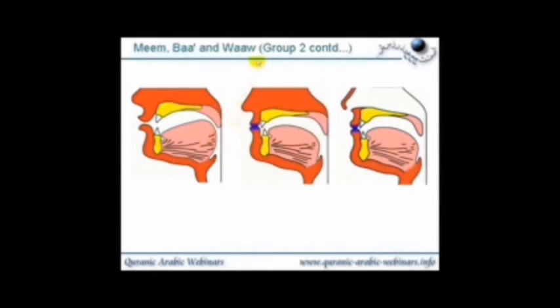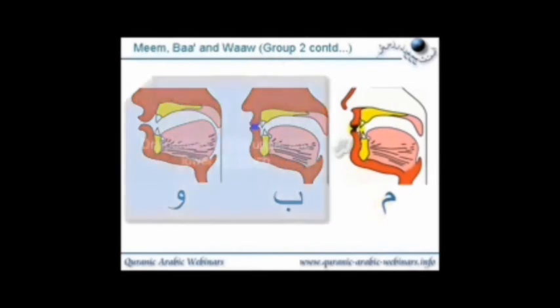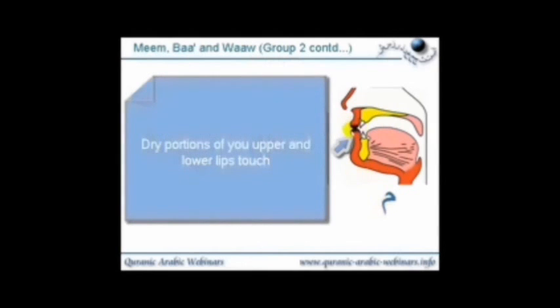The next three letters which are in group 2, so the same group as Fa, because it still has to do with the lips, are Mim, Ba and Waw. So when you say Mim, your front two lips come together. However, it's the outer dry portion of your lips that should be touching. So say Mim.